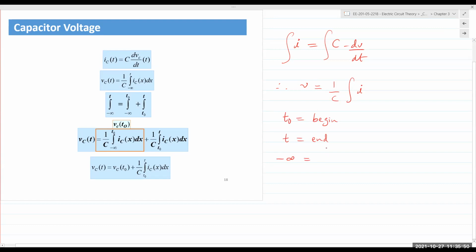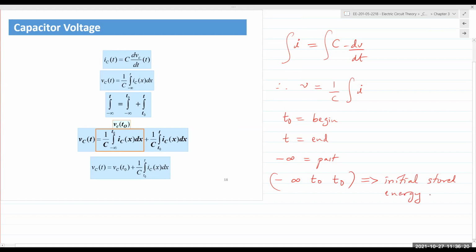All it represents is basically the initial stored energy in that capacitor. It's some time in the past. So minus infinity to t0 represents the initial stored energy in the capacitor. That's all those limits mean.